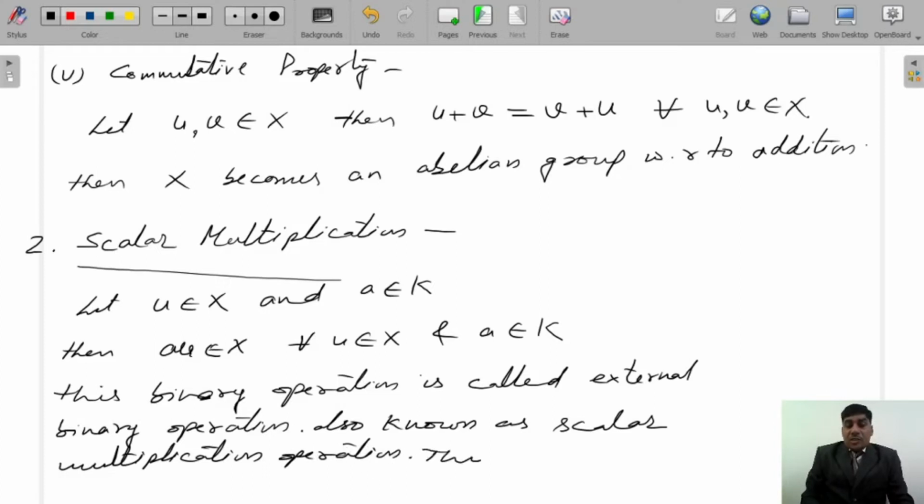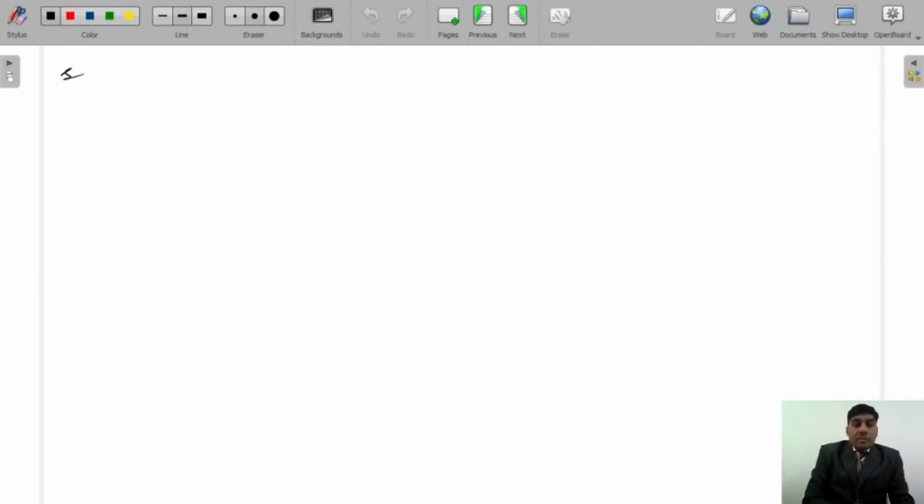This operation satisfies the following properties.